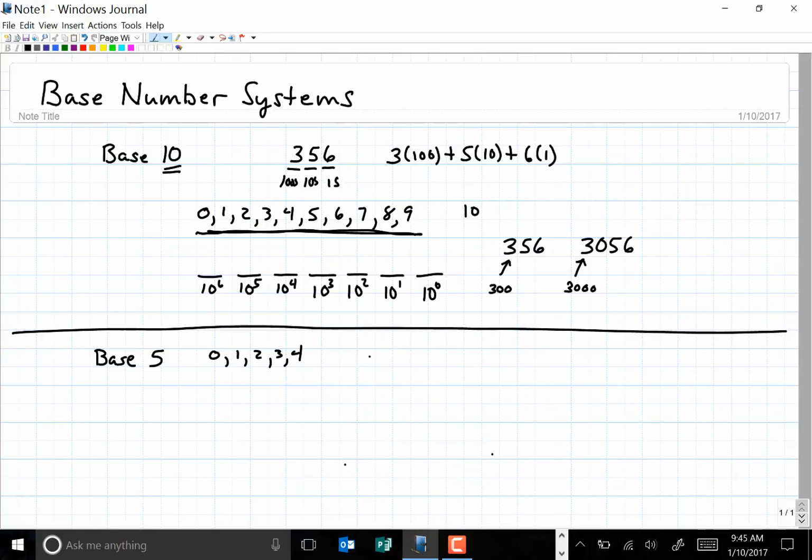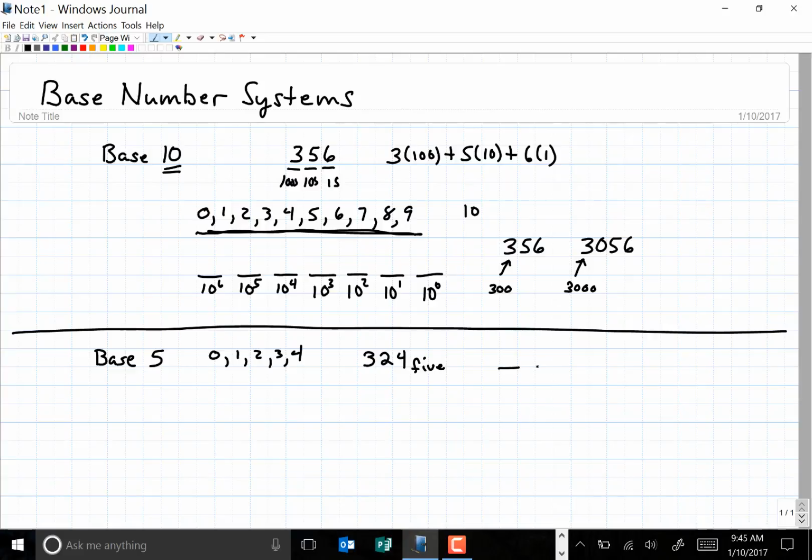So now, if I write a number like 324, this no longer represents 324 because the 3 is not in the hundreds position anymore, because we're in base 5. Okay, so we'll just subscript this to remind ourselves that we're in base 5 here. So since we're in base 5, all of these digits represent powers of 5.